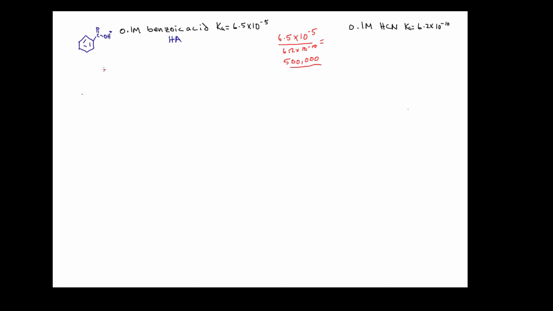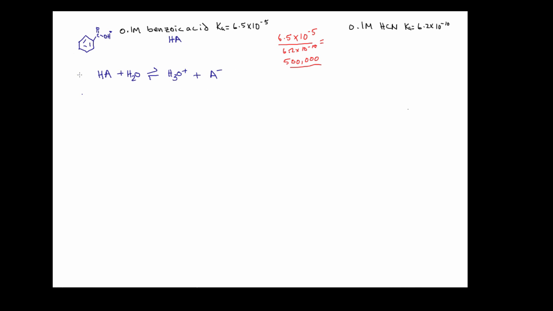I'm going to write my weak acid equation first, and we'll write it as HA. We'll put the water in to acknowledge that this is a proton transfer reaction with water. We're going to form H3O plus, and we'll identify the conjugate base, the benzoate ion, as A minus.